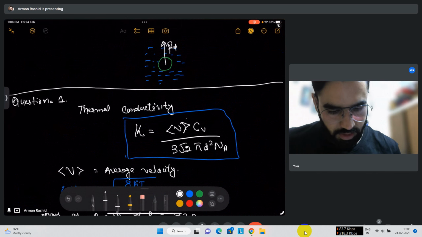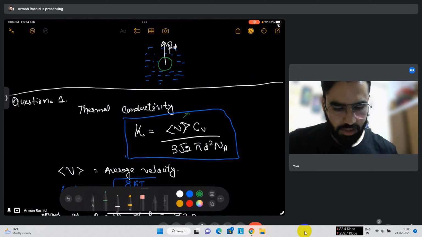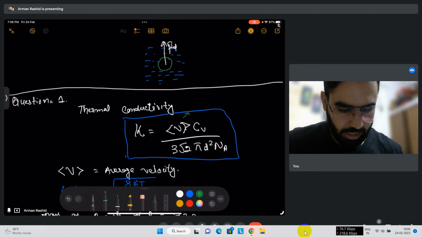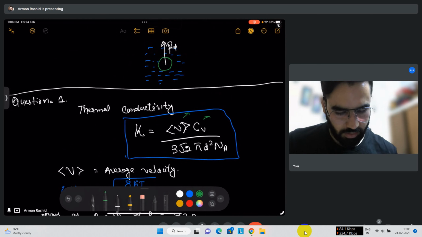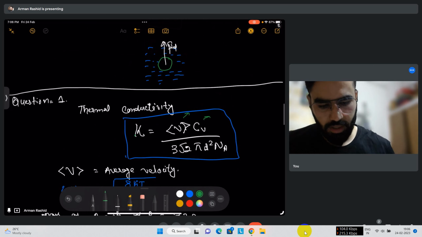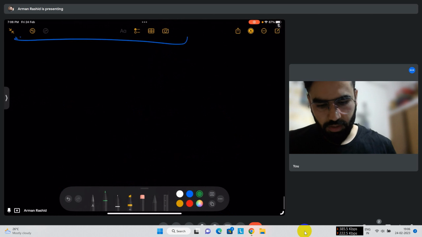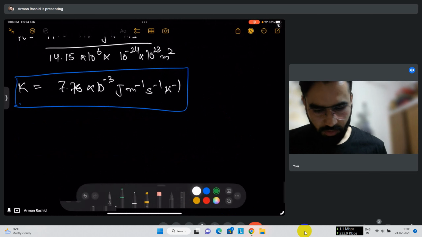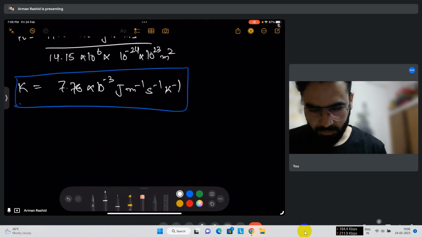We first determined the average velocity considering it as an ideal gas, then Cv considering it as an ideal gas, d is given, Na is given, and we can determine kappa. Okay, so that completes our first question. Now we'll go to question number 2.